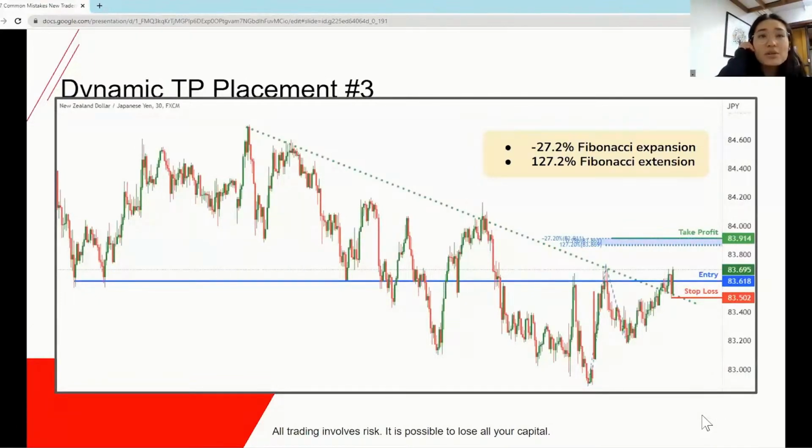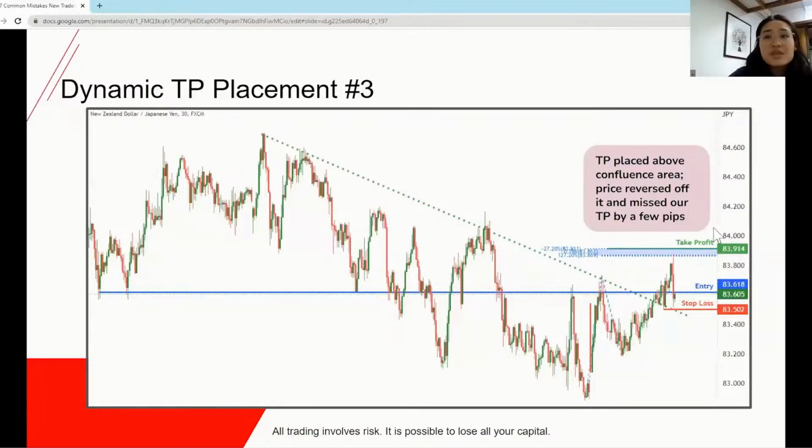So here's one more example. We have this confluence area here at our take profit, and price has recently broken out of this descending trend line, giving us a bullish bias. So we're expecting price to continue to rise from our entry towards our take profit.